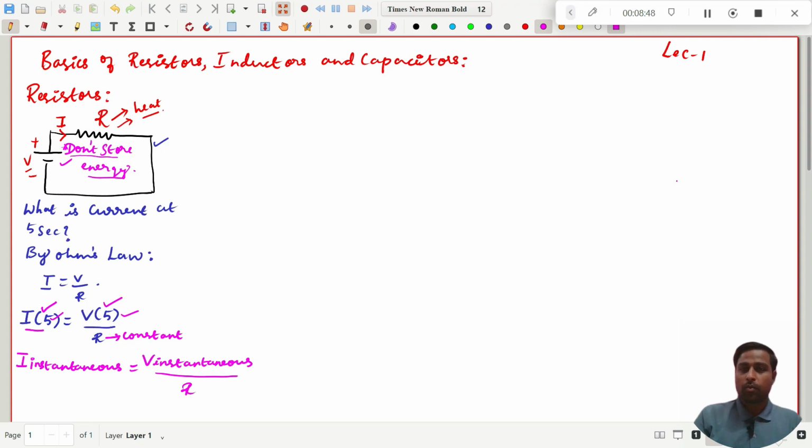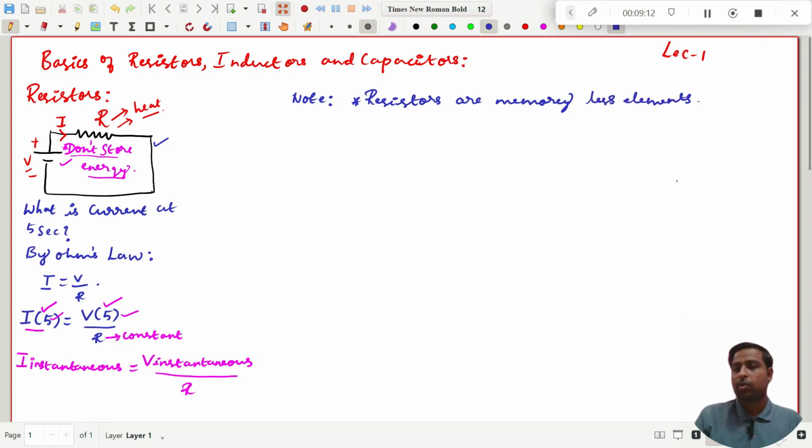Now, what are all the points you need to note here? Very important. First point: resistors are memoryless elements. They don't store any energy. That is the first point you need to understand.